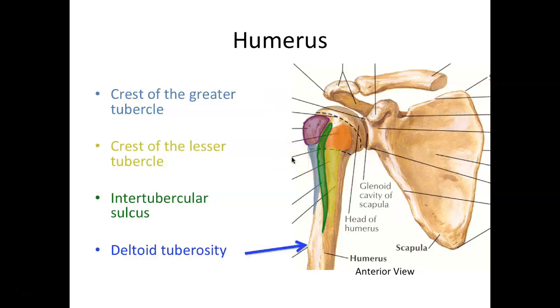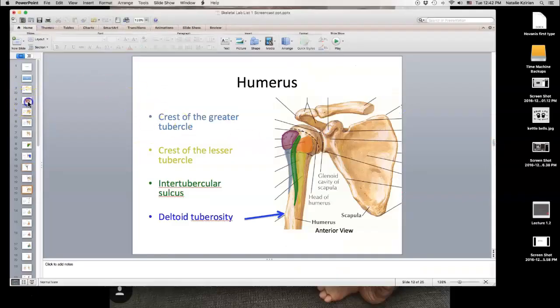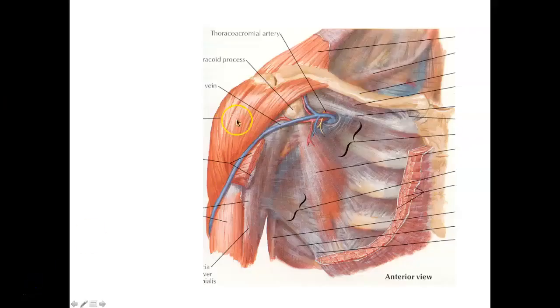Now the last part we can see here is our deltoid tuberosity. Now this word tuberosity looks very similar to tubercle, but it's a little bit different type of a bump. This is more of a perforated, rocky type of bump, and I'll show you the difference in lab. And it's called the deltoid tuberosity because our deltoid muscle, which I'm going to jump to this picture to show you what the deltoid muscle looks like.